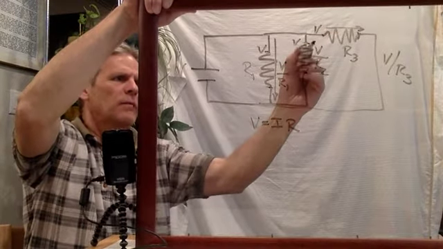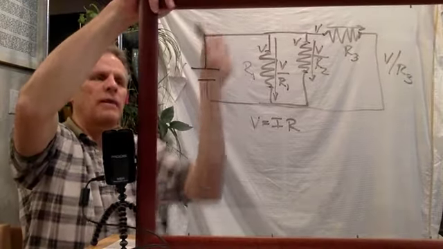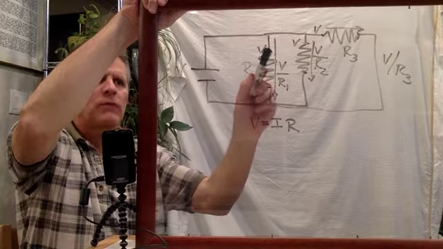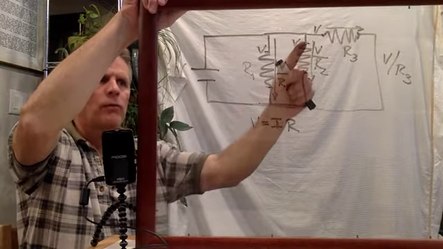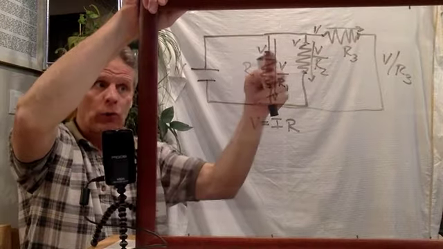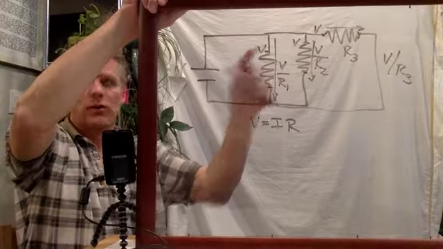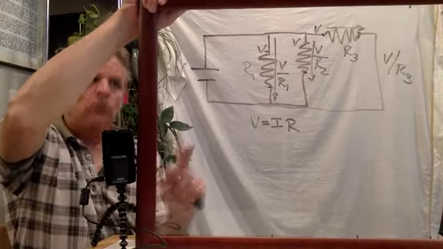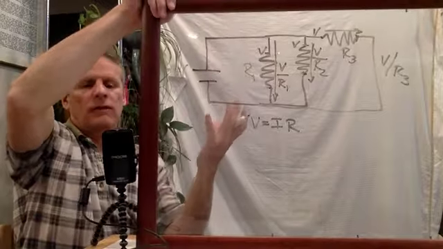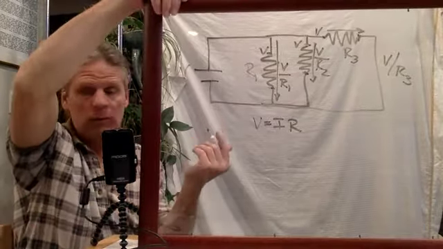Something else that you need to be really clear on: what we just calculated was the current between right here and right here, or right here and right here, or right here and right here. We knew the voltage across here, we knew the resistance across there, therefore we knew the current. You need to be aware, however, that once again, the trivial way to think of Kirchhoff's law is to think of a stream in the woods.